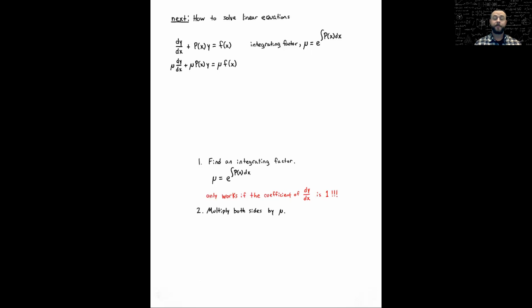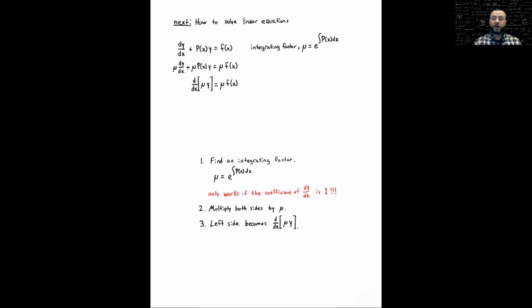Step two, multiply the original ODE, both sides, by mu. Very similar to exact equations and how we more specifically use integrating factors for non-exact equations, multiply by mu. But the work is now a little bit different.